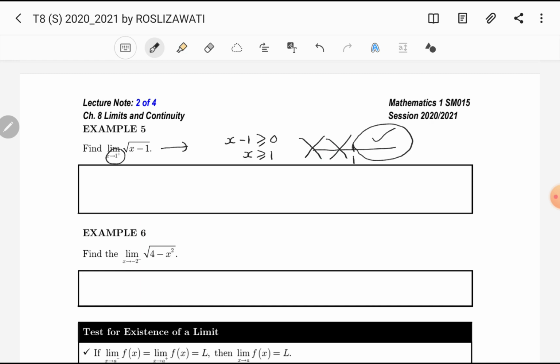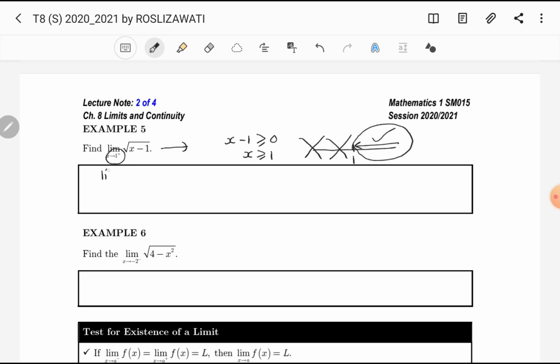That is why this case is under one-sided limit. So we can find the limit as x approaches 1 from the right only, not from the left.